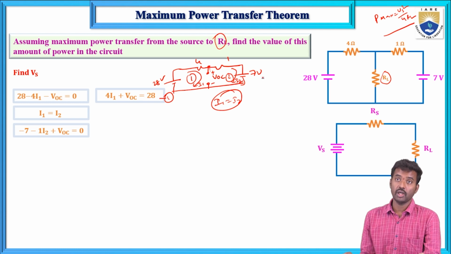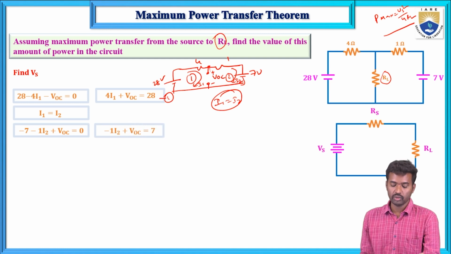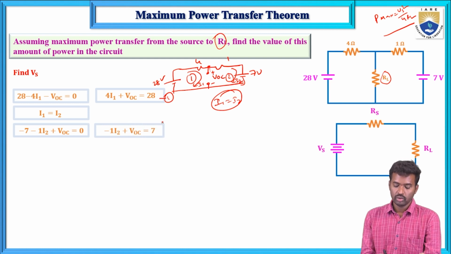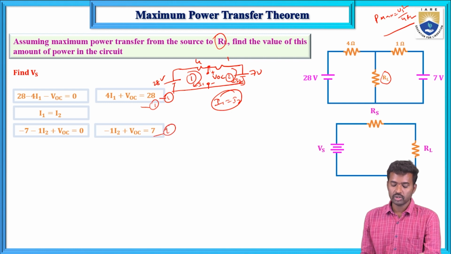If you apply KVL in mesh 2: minus 7 minus 1 into I2 plus VOC equals 0, that is minus 1 I2 plus VOC equals 7. This is equation number 2. Solve these two equations, you will get VOC equals 11.2 volts.